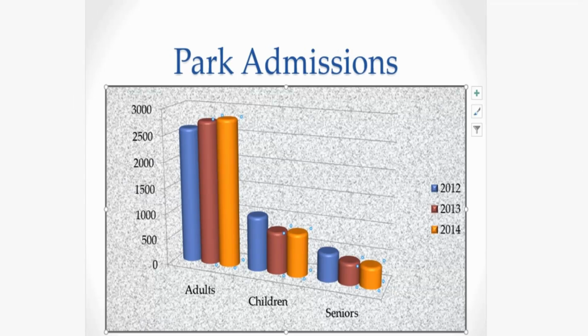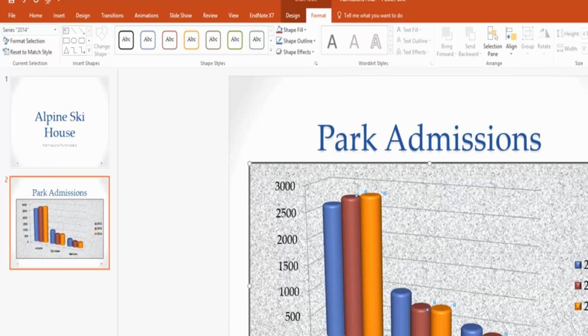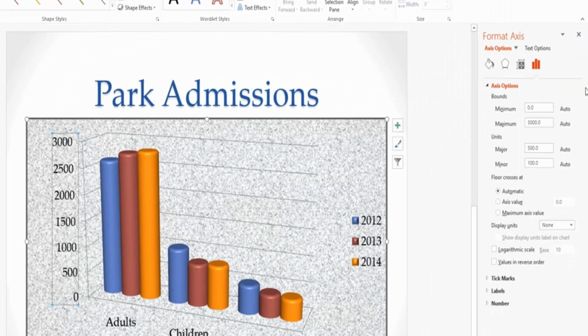Keep it consistent, and then we're going to adjust the chart axis. So you can adjust chart axes too if you want. Make sure this chart is highlighted, and then we're going to double click one of the numbers here. It'll bring up a task pane to the right. There it is.